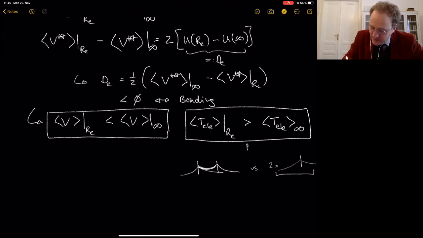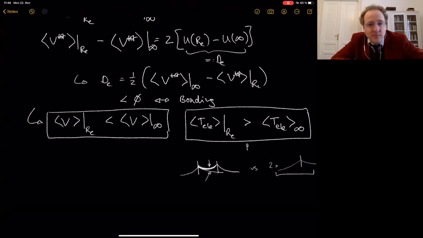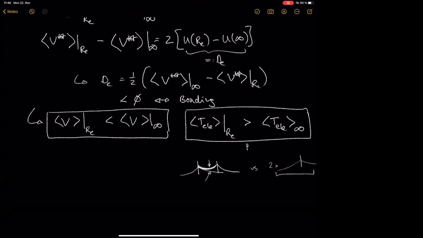And so this curvature versus this curvature, you would intuitively, like a hand-waving argument, say that this should be more curved in the bonding scenario. Does that make sense? Yeah, well, I think it's okay. Thank you.